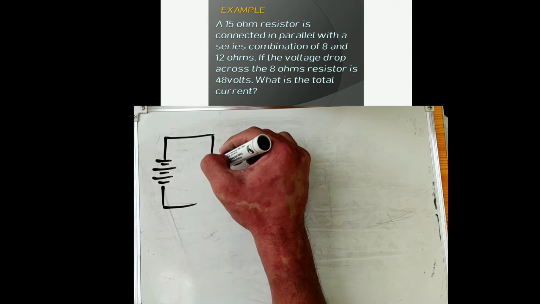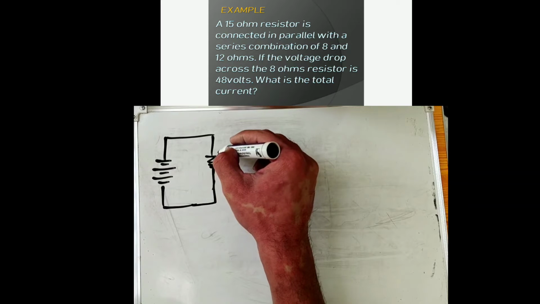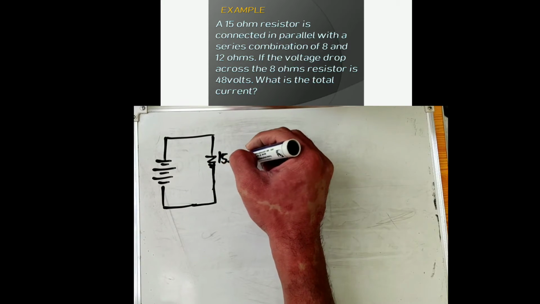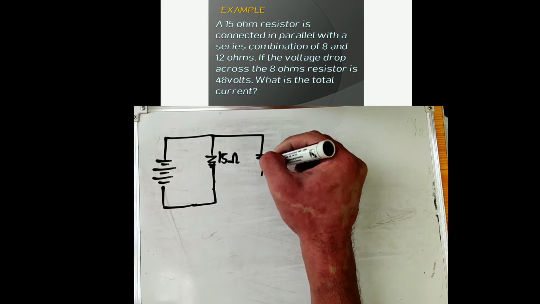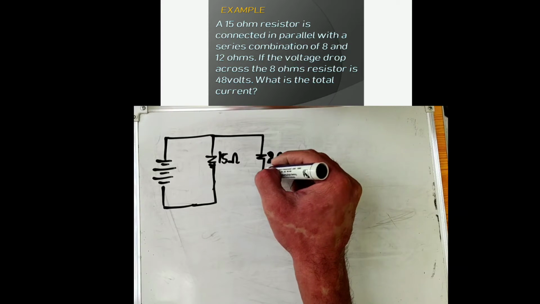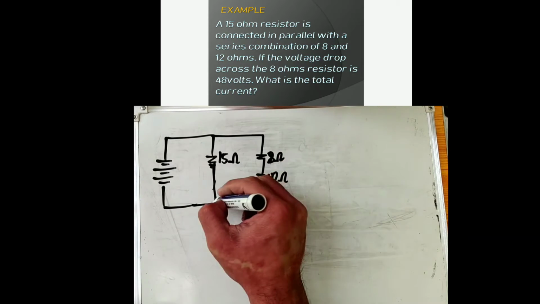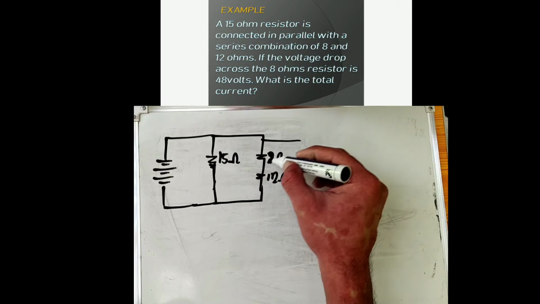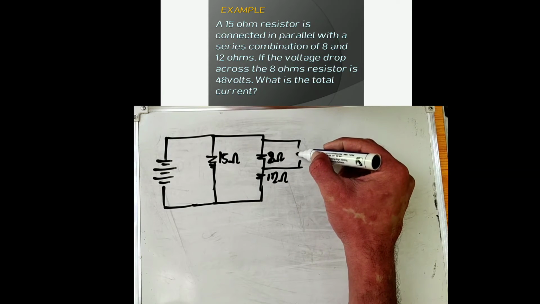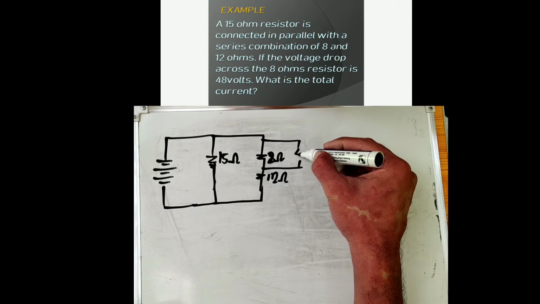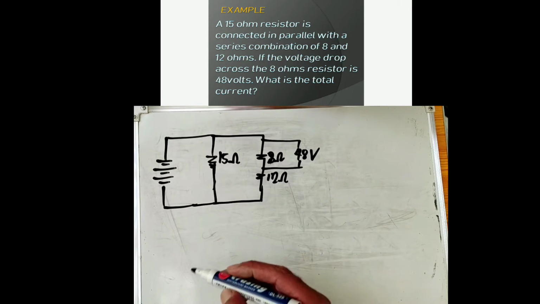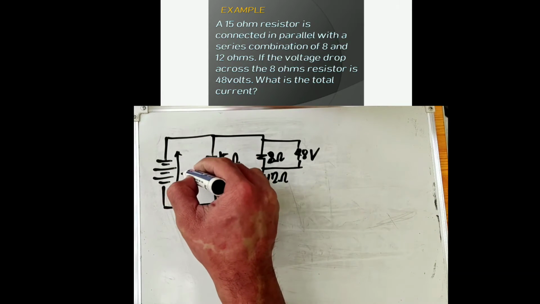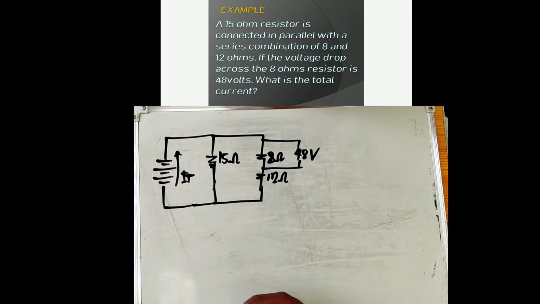Meron the 15 ohm resistor na connected in parallel with the series combination of 8 ohms and 12 ohms. Na meron din daw voltage drop na binigay across the 8 ohm resistor which is equal to 48 volts. And we are asked to find the value of the total current in this case.